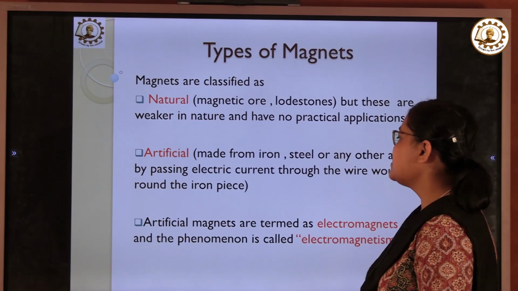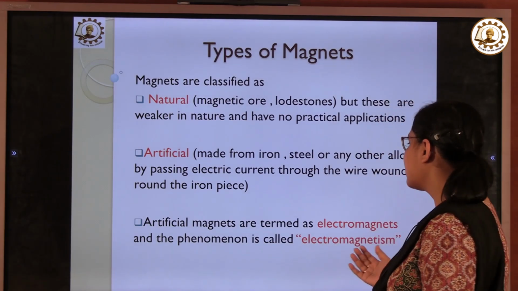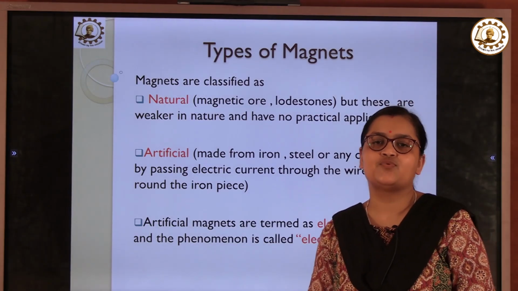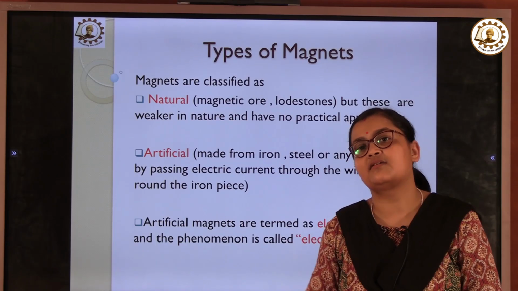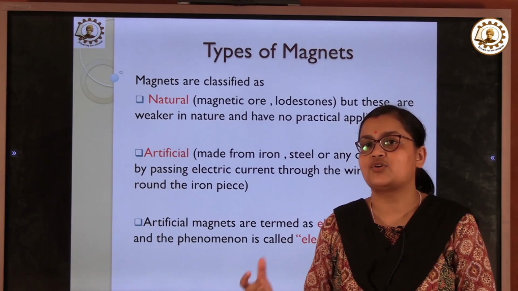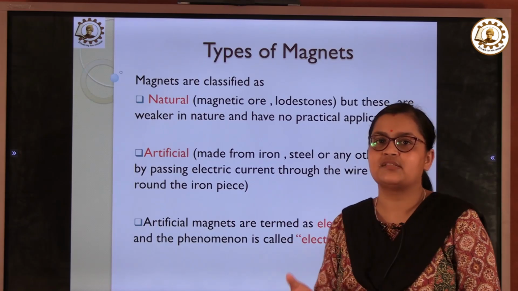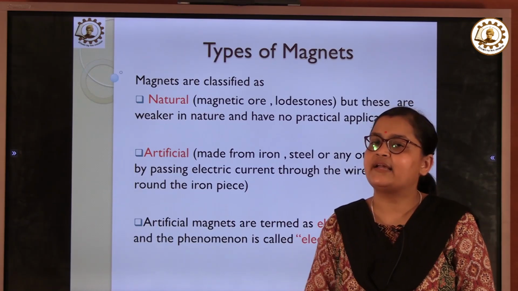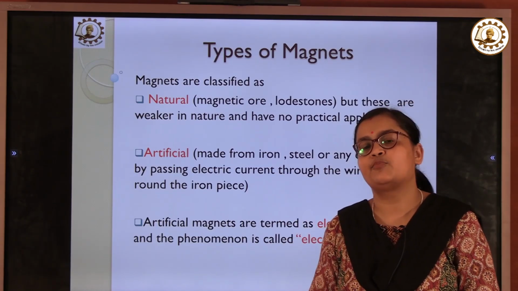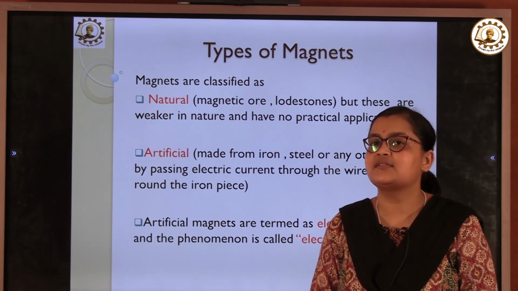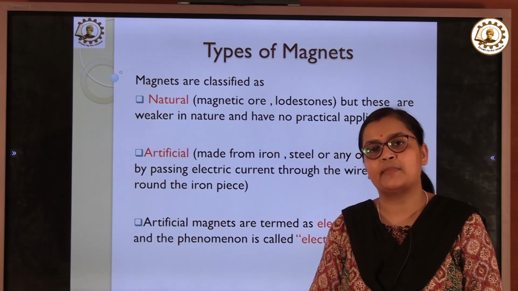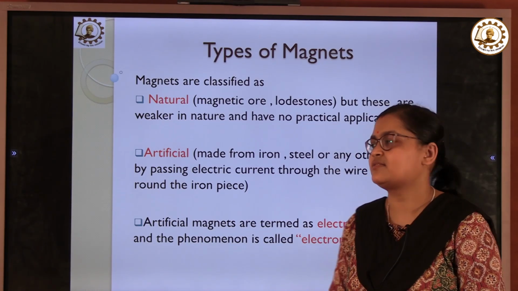And this is what is known as electromagnetism, that is, we are passing electric current, giving a potential across this iron or steel component in the form of a solenoid so that they become magnets, and this property is known as electromagnetism, and those artificially formed magnets are known as electromagnets.